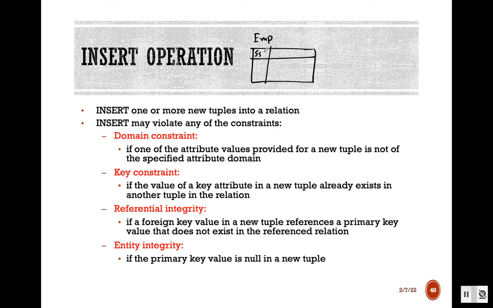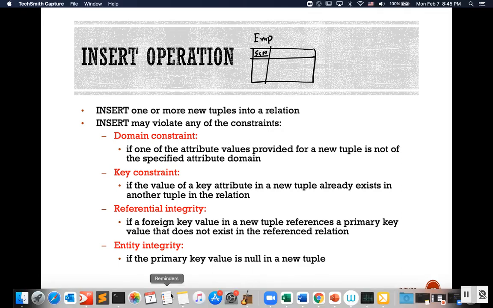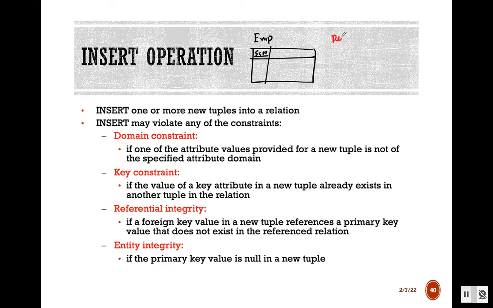And let's say SSN is our primary key. And let's say we have a department table, and the employee has DNO.